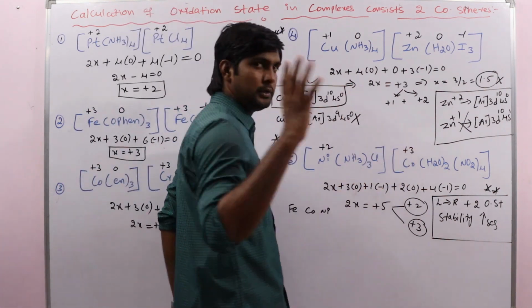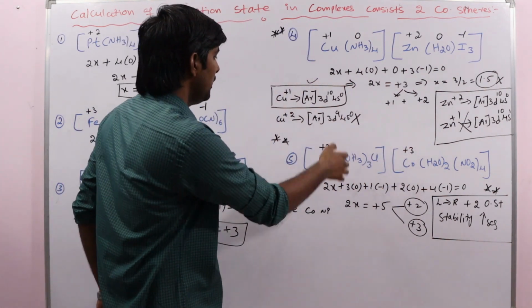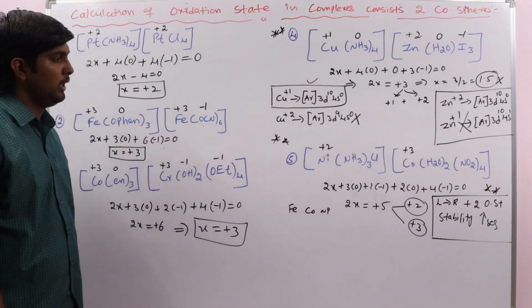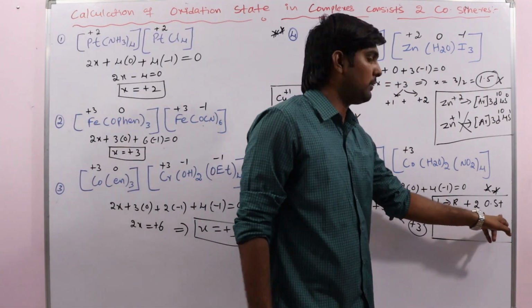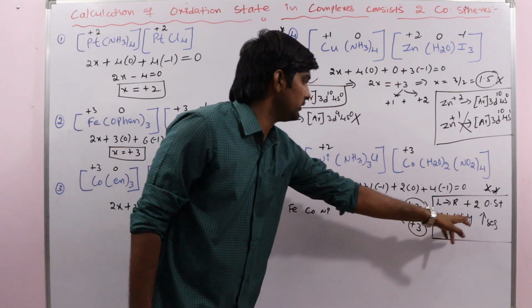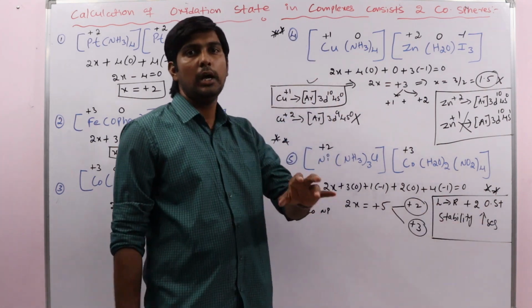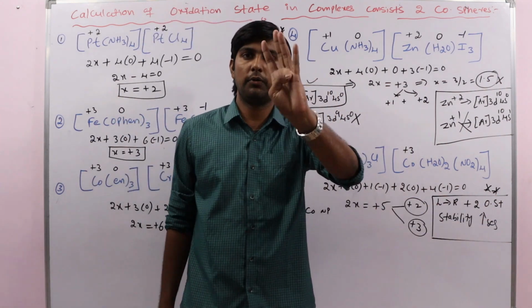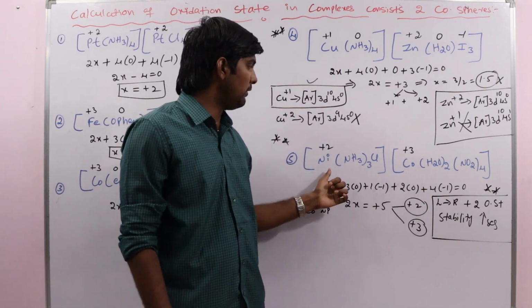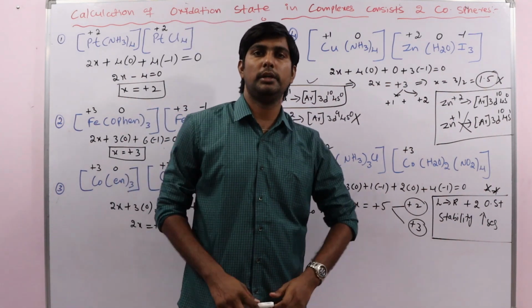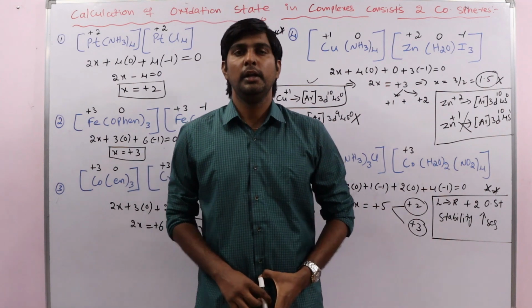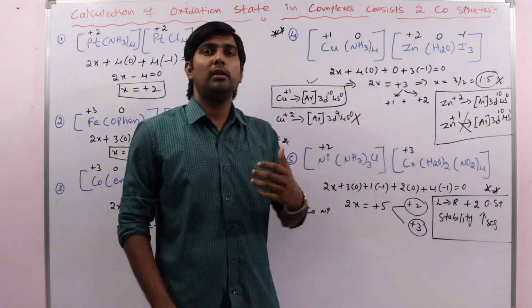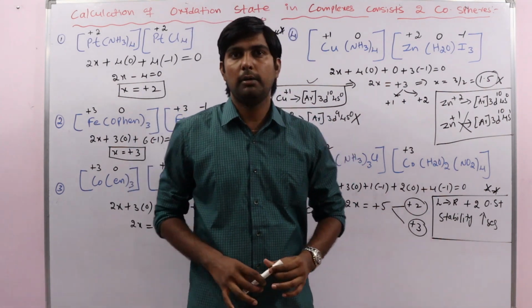Nickel coordination number is 4, so that's why it will get the +2 oxidation state. One reason is that left to right, +2 oxidation state stability increases. Another reason is that coordination number 4 means the metal will never have +3 oxidation state. Clear? So in this way we can calculate oxidation state in metal complexes.